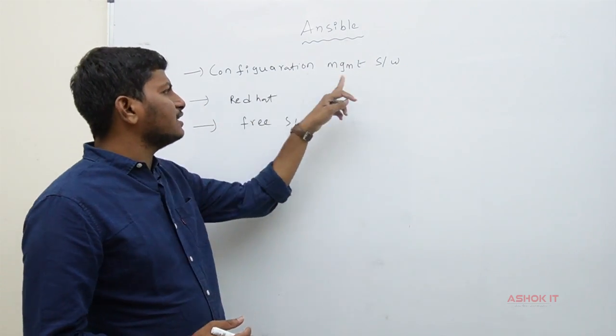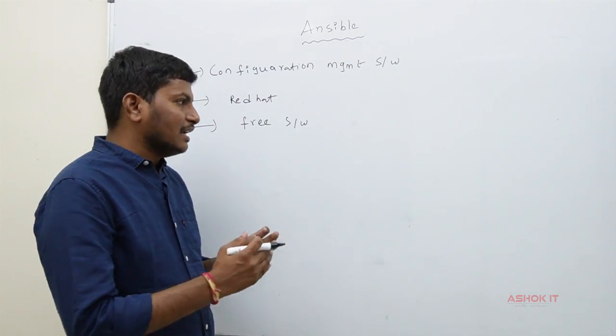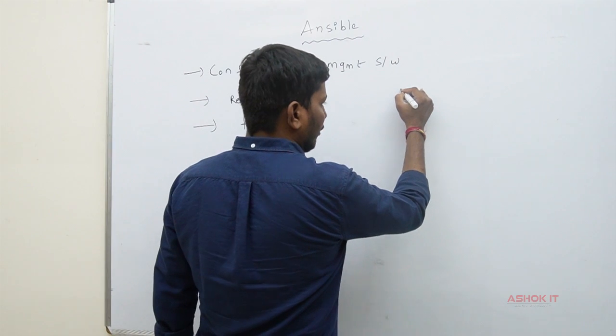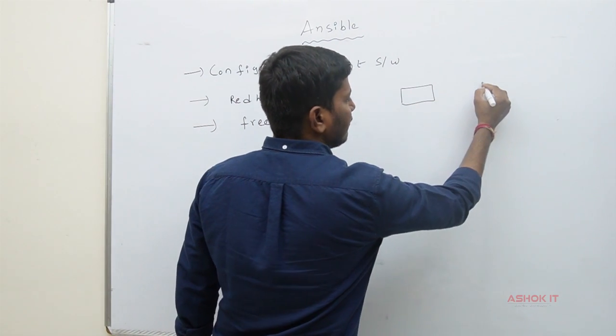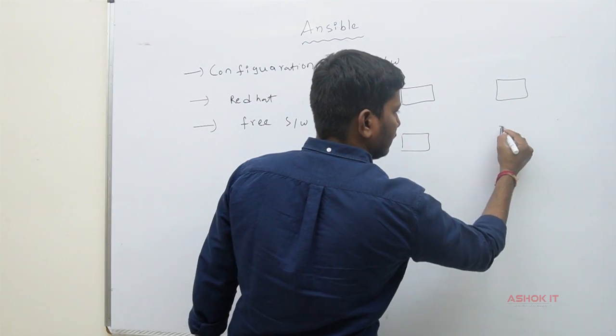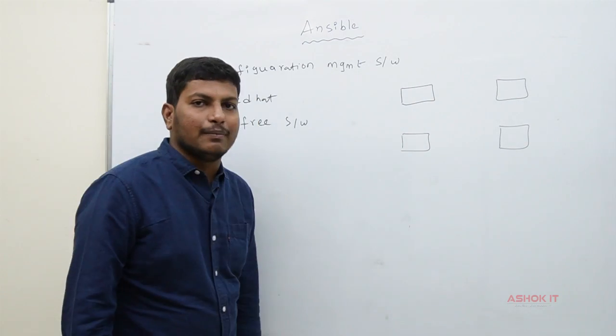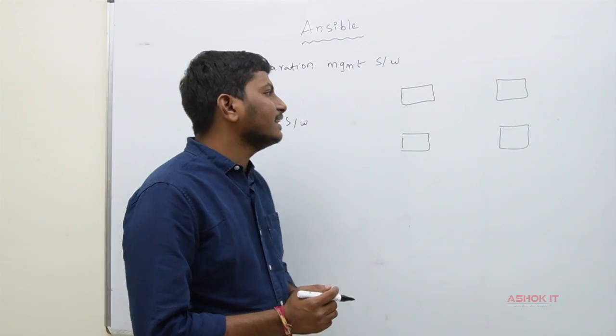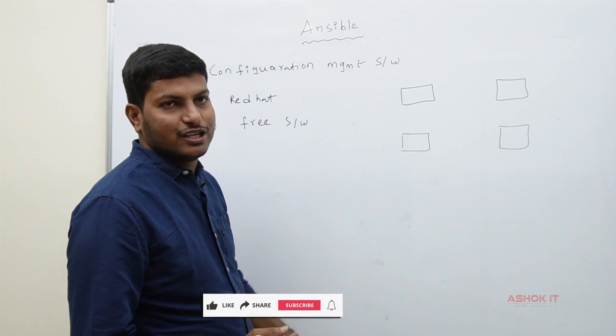What is the meaning of this configuration management? Let's take one scenario to understand this. Assume that in my project there are several machines available. There are 4 machines available in my project. In these 4 machines, I want to install Git software. Git client I want to install.